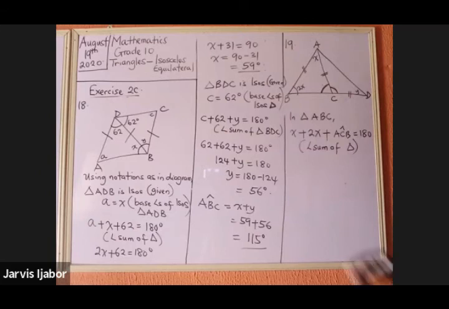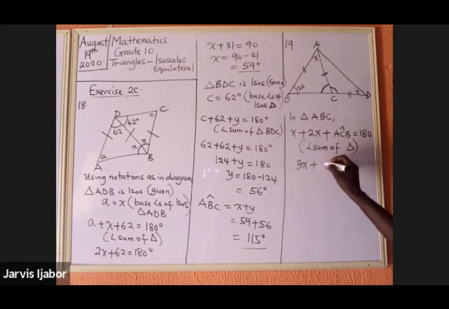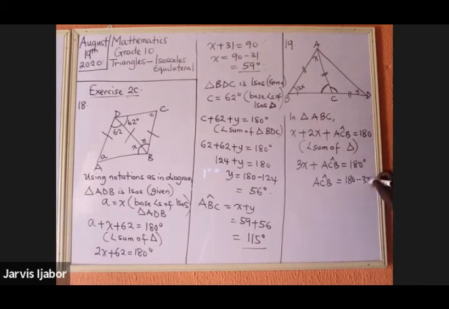It means that 3x plus angle ACB will give you 180 degrees. So angle ACB will be equal to 180 minus 3x. So that is settled.